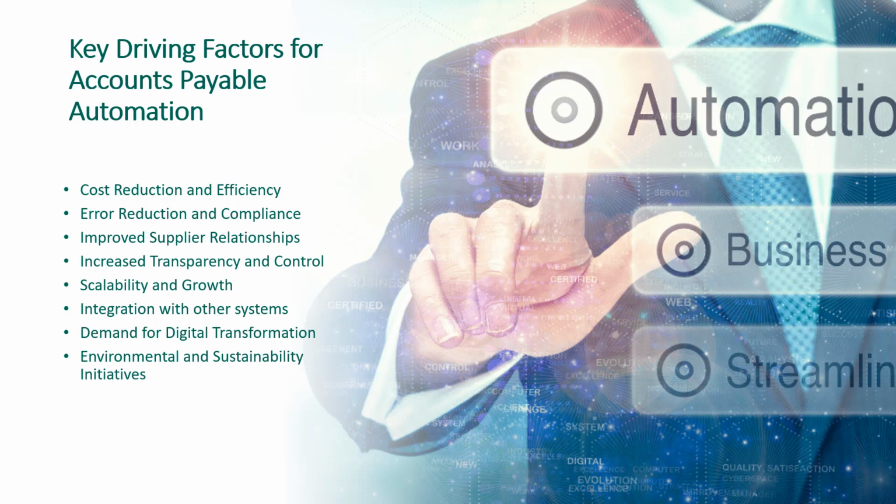The second factor is error reduction and compliance. So minimizing human errors, right? Manual data entry and handling are prone to errors, such as duplicate payments can happen, incorrect coding, or lost invoices, right? Routing things around through email or putting something on someone's desk gets covered up and it gets lost.